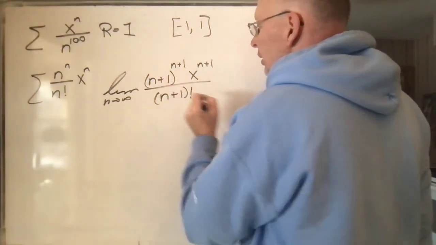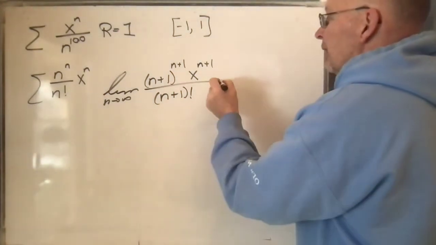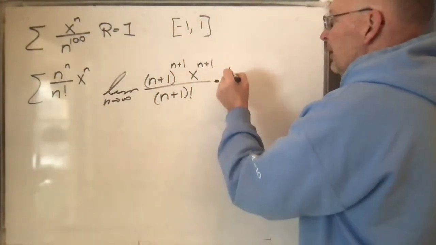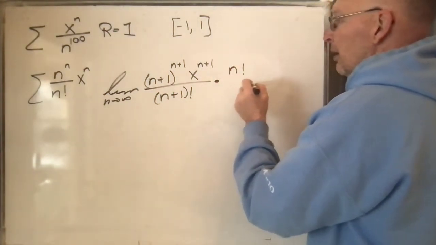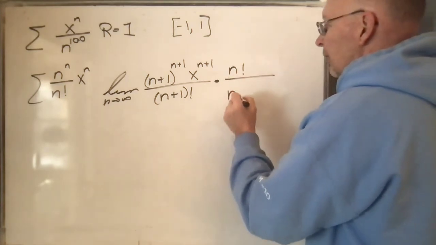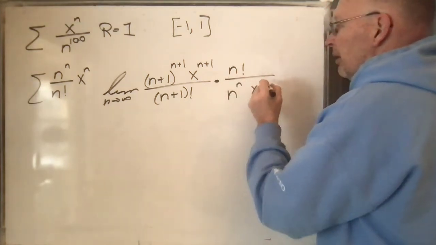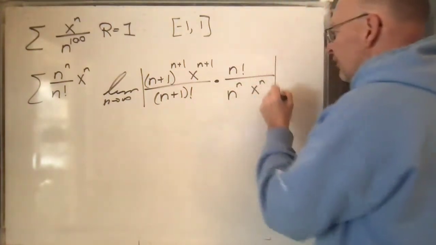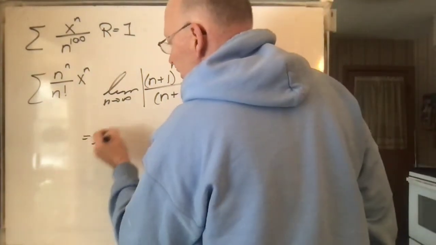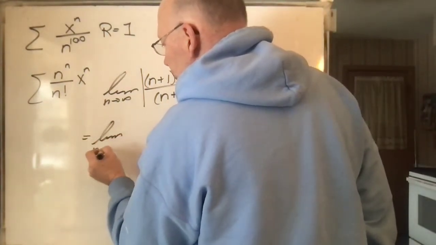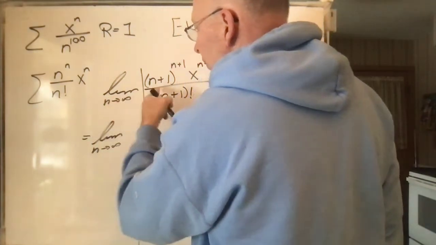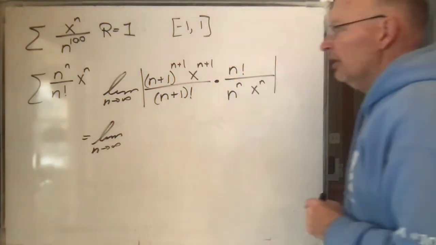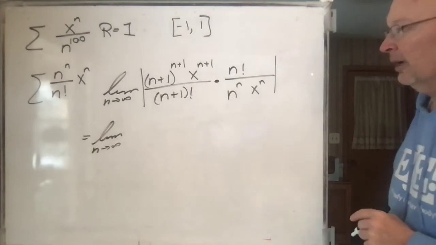Okay, we have that divided by the nth term, slap on the absolute values. Make sure in your writing that you have limit here equals this limit. Don't just have stuff without limit there.